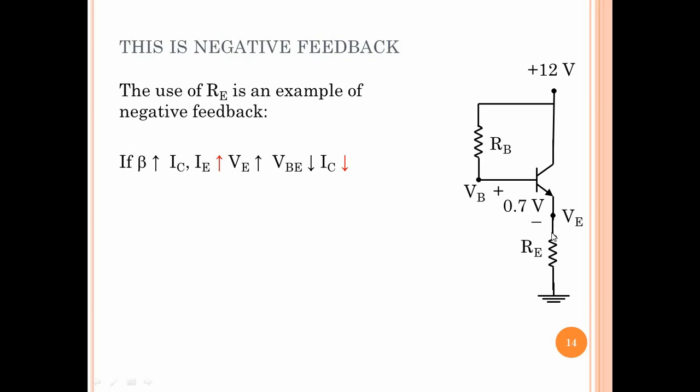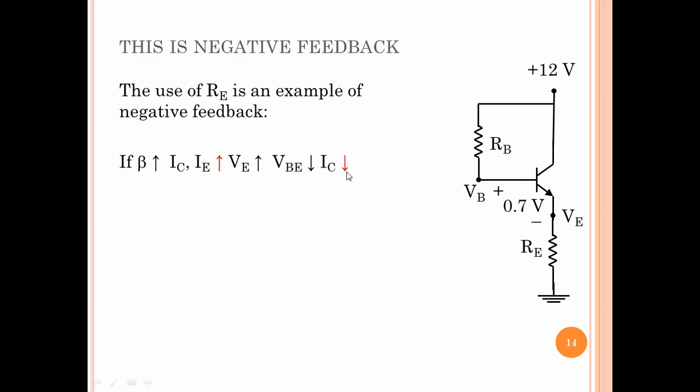If the emitter current increases, the voltage drop across RE increases. So VE increases. If VE increases, the base emitter voltage will decrease. And if the base emitter voltage decreases, the collector current will decrease because the base current decreased.